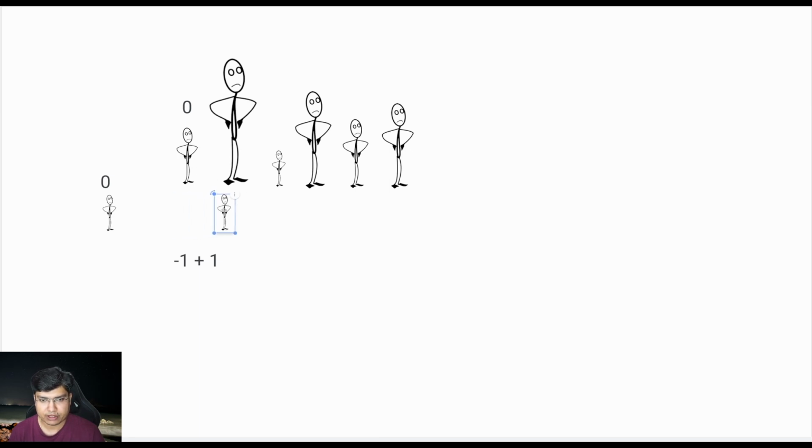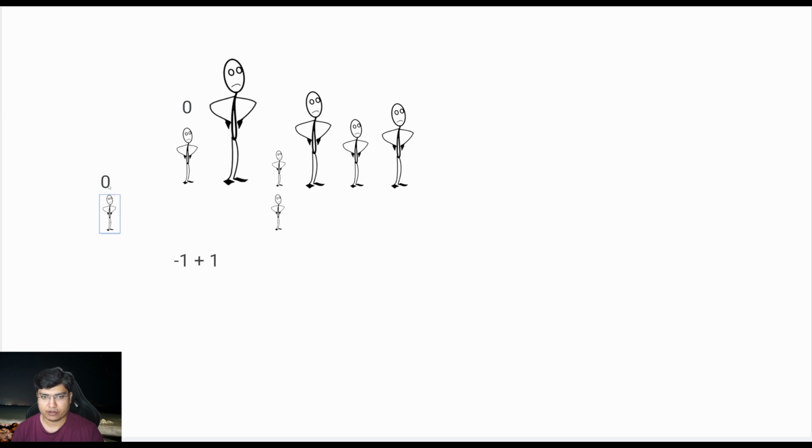Now this guy moves ahead. Now it sees somebody who's of greater height. Okay, fine, I don't do anything, I just move ahead. And now, okay, I saw somebody of smaller height. What do I do now? Let me ask that person, where was the last small height person seen?